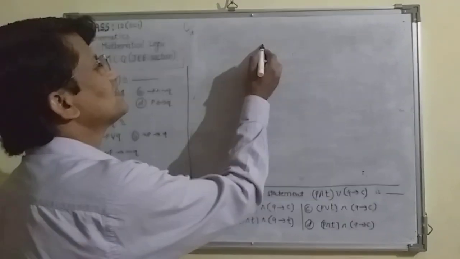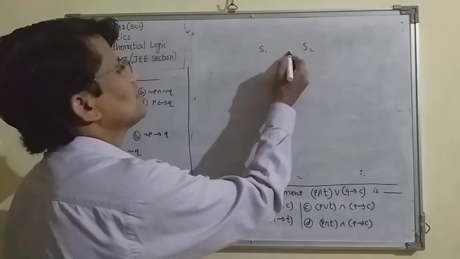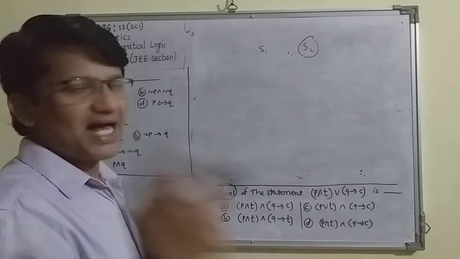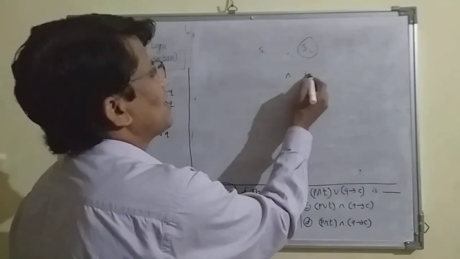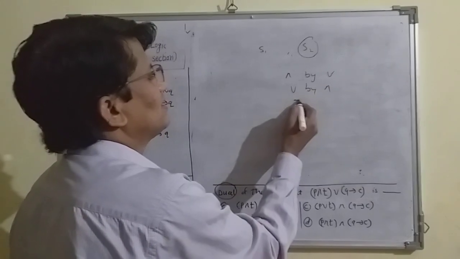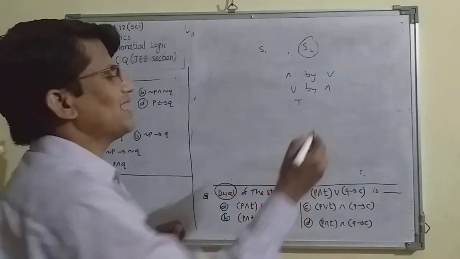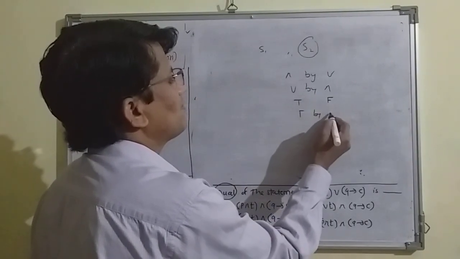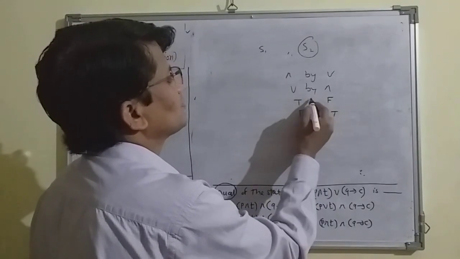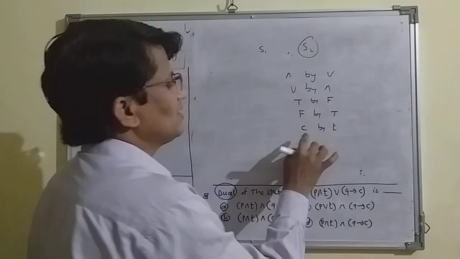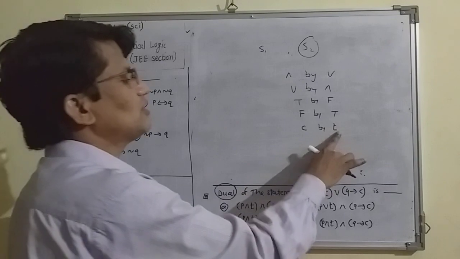If S1 is a statement and S2 is the other statement, another statement is obtained by replacing and by or, or by and, capital T by F, F by T, again small c by small t. This is a contradiction and this is a tautology.